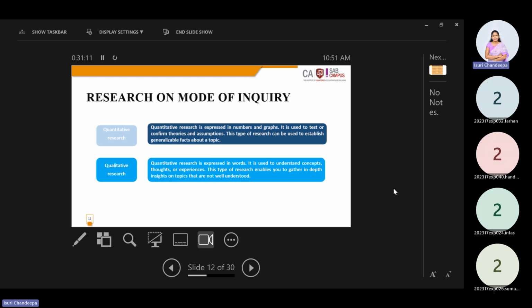Quantitative research is expressed in numbers and qualitative in words, to gather insights.